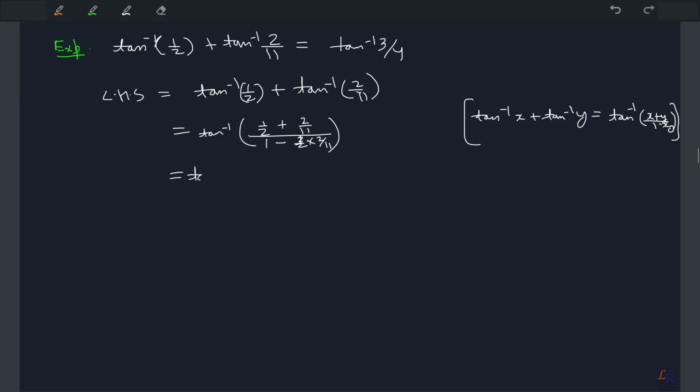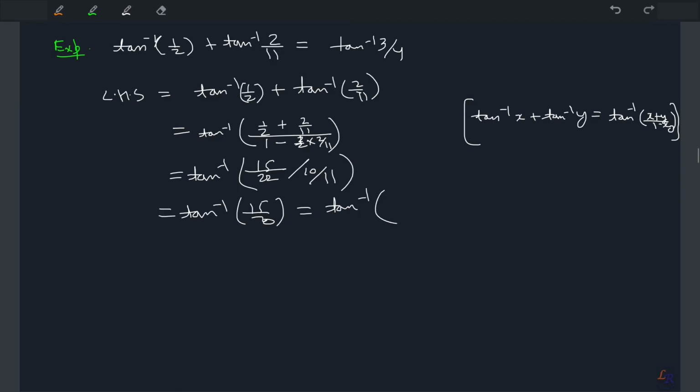So you will have tan inverse of 15 by 22 upon 10 by 11, and if you expand it you will get 15 by 20. You can solve it further, it will become tan inverse 3 by 4, right? See how easily it is proved, equal to RHS.